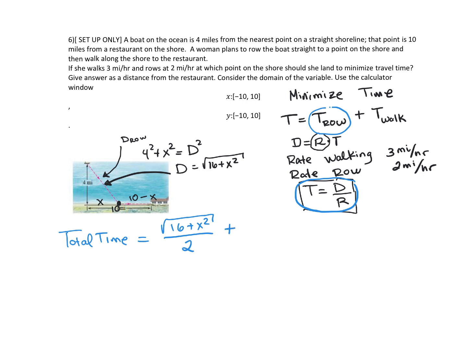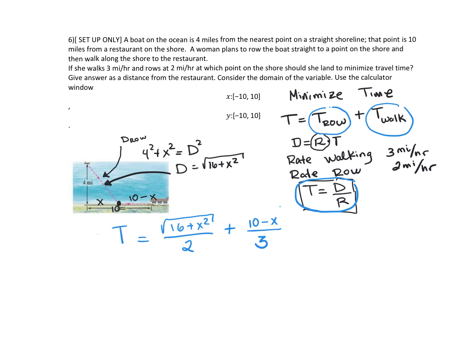And then our time to walk is our distance to walk, 10 minus x, over our rate, which is 3. So this is our objective function, and it is only in one variable. I'm just going to call this t.